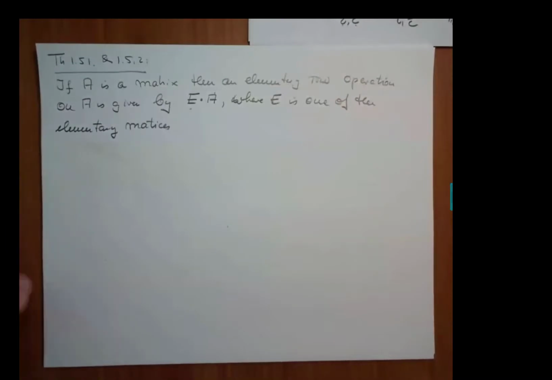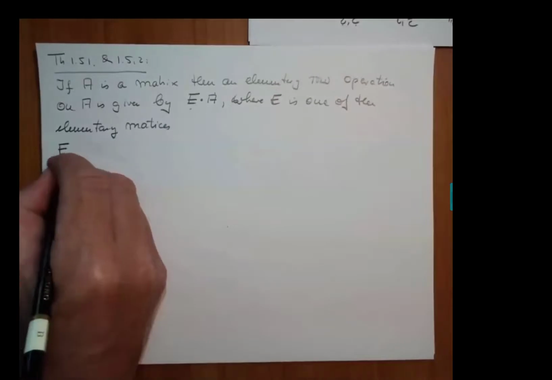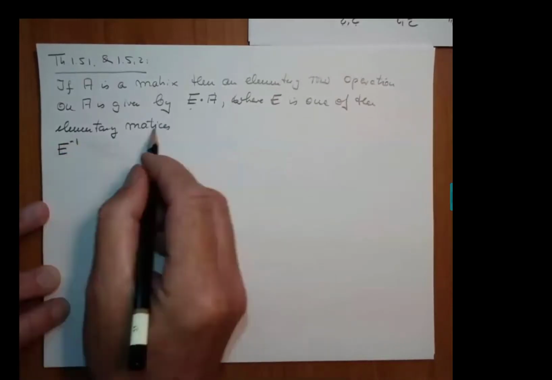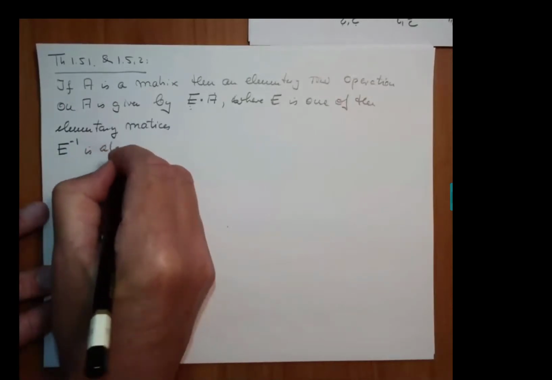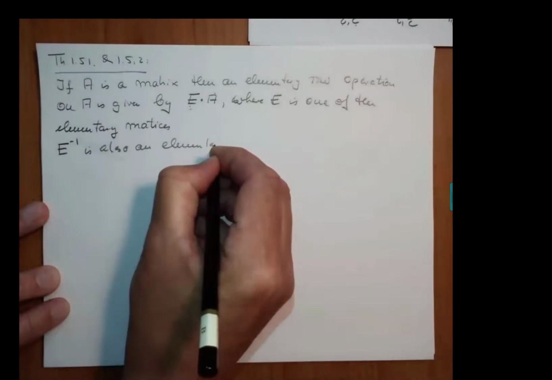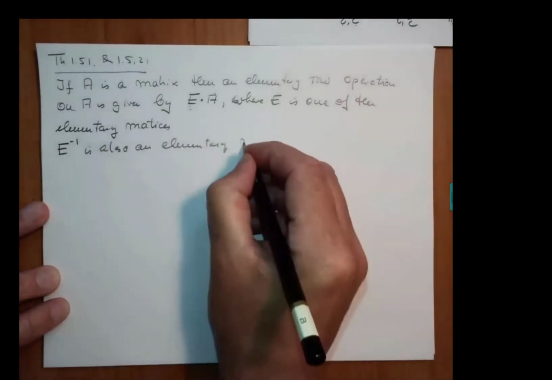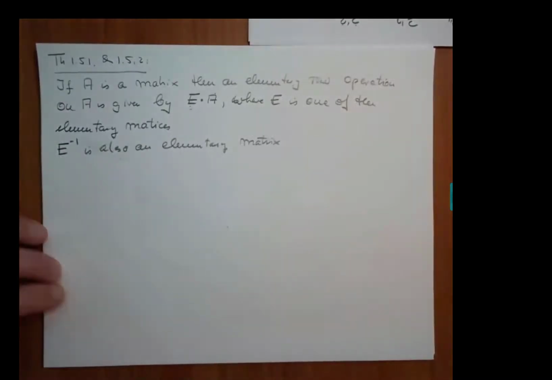And now what we also learned, even better, E inverse, that means E is invertible, is also an elementary matrix. And there are three different types. There's the multiplication matrix type, the interchanging or switching type, and the addition type.